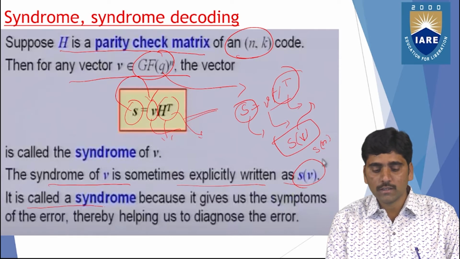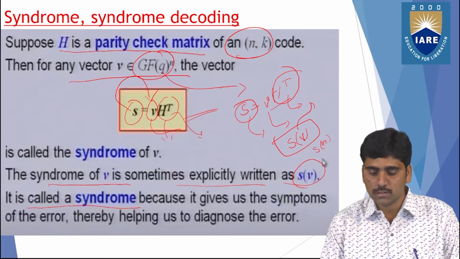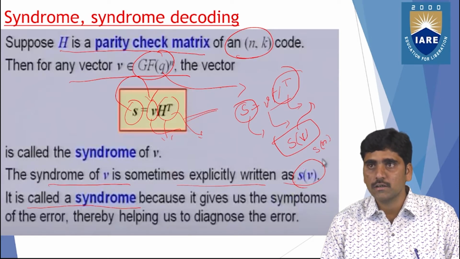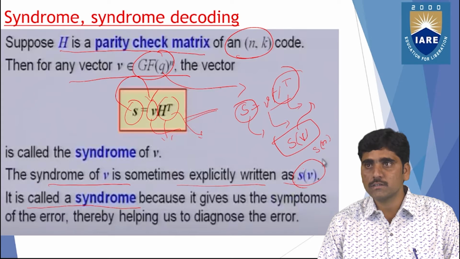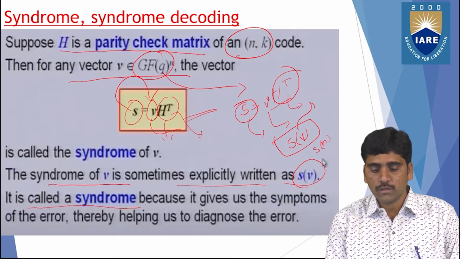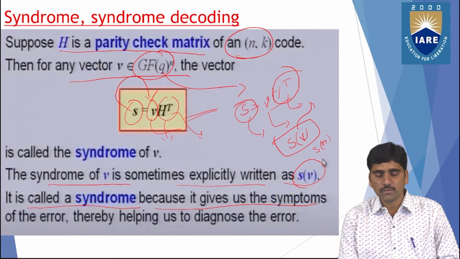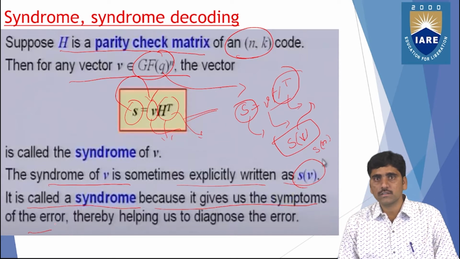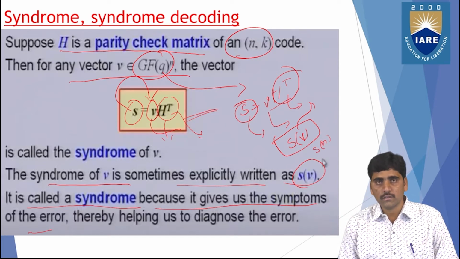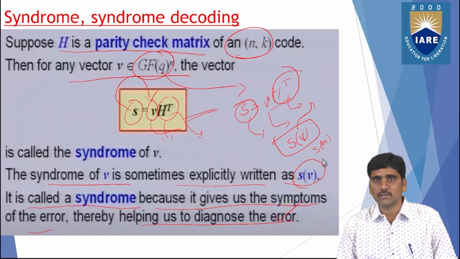It is called the syndrome because it gives us the symptoms of the errors, thereby helping us to diagnose the error.